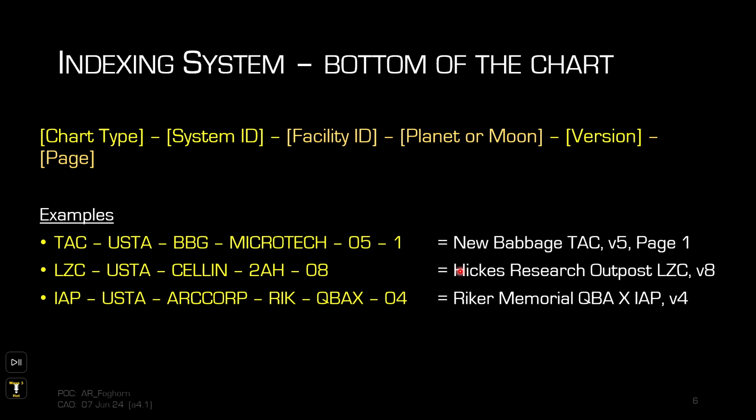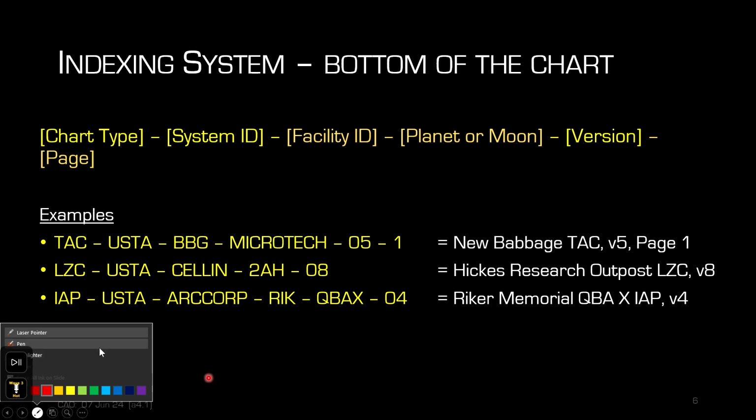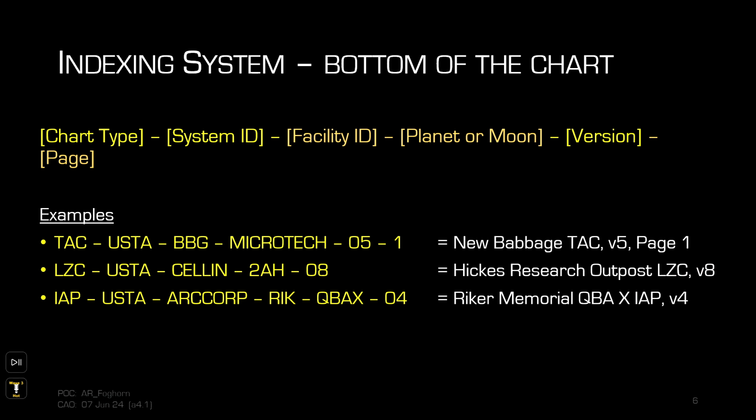So when you glance at Delta Consulting's website really quick to see if your charts are all up to date, this is the number you would look for. If you have 05, then you'd be hoping to see 05 in their library, so that you've got the most up-to-date one.